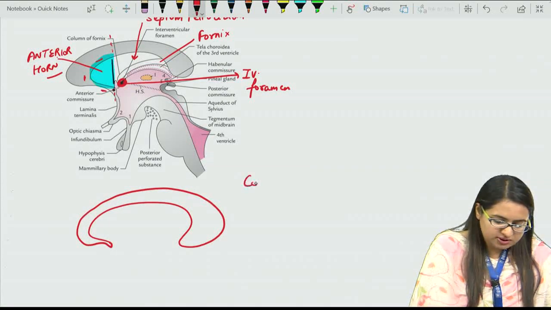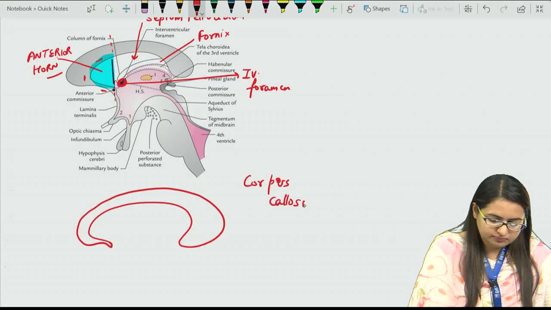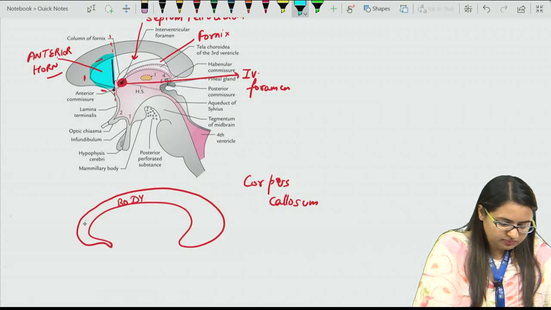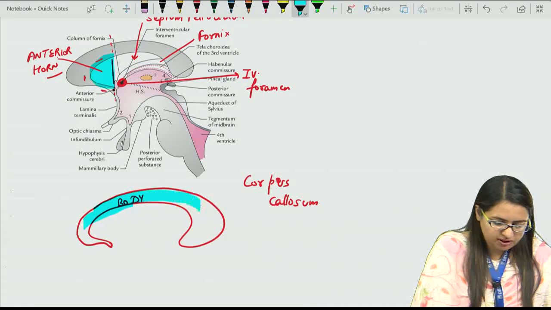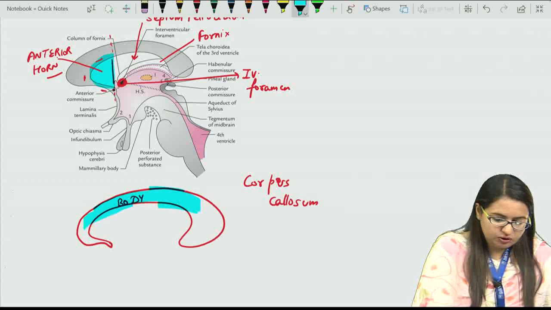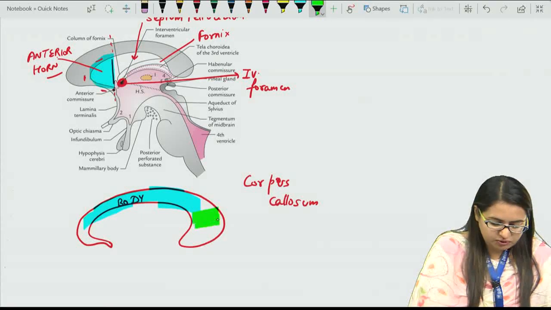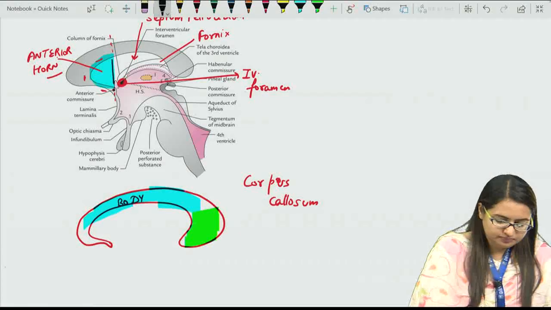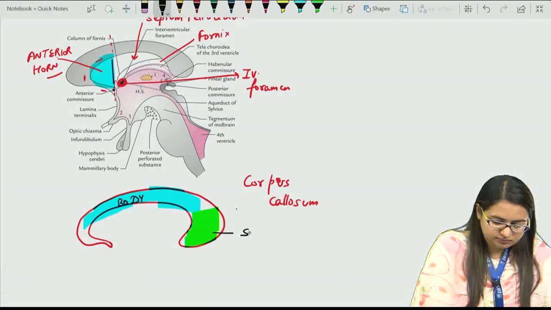the corpus callosum, it is having 4 parts. This is the body which is forming the main portion of the corpus callosum. This whole is the body. Then towards the posterior side, the expanded portion towards the posterior side, this is the splenium.